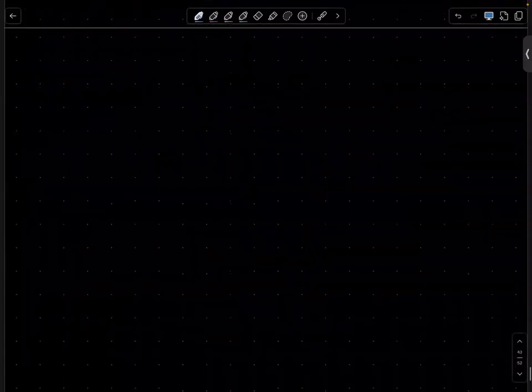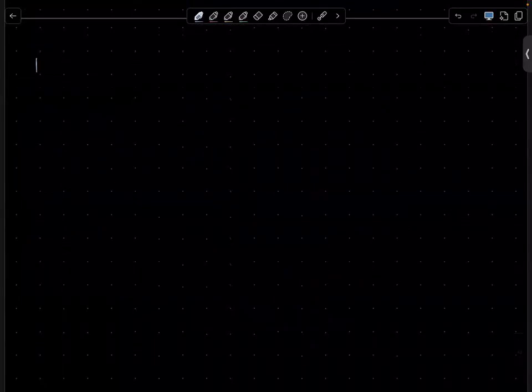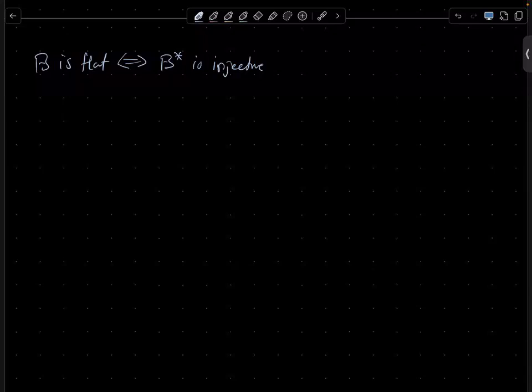Okay, so now you can show using the tensor-Hom adjunction that B is flat if and only if B star is injective. That is cool. Oh man, I want to say more about this, but I will not. I can talk about this another time. The proof is just to use tensor adjunction and the lemma above. It's really cool.